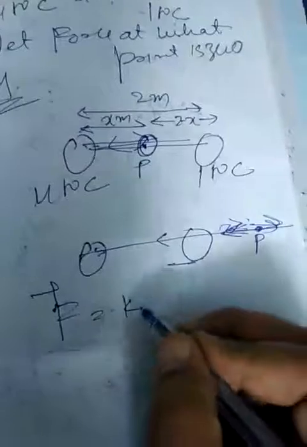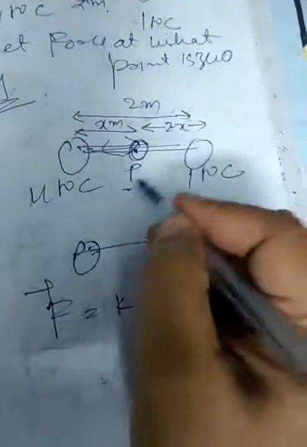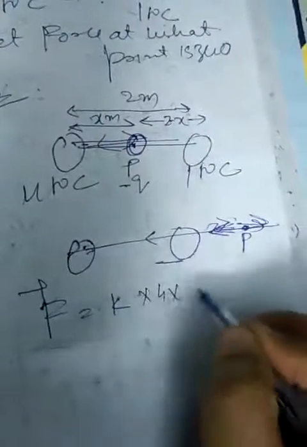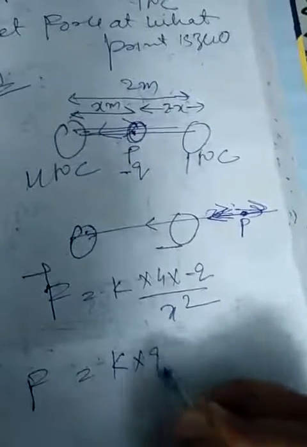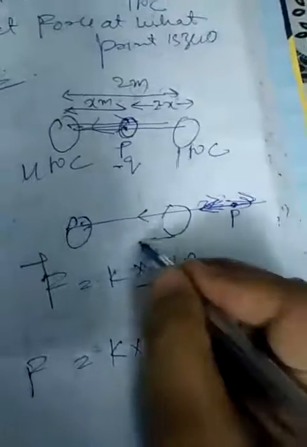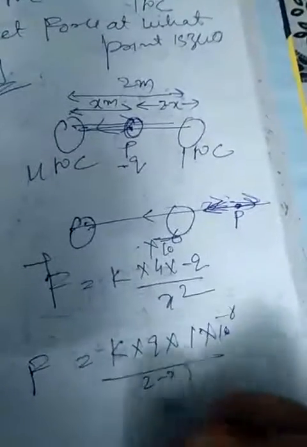Now this force is being calculated. F is equal to k. Let us say a negative charge is going to be there. So k into 4 into minus Q upon x square, and the second force will be equal to k into Q into 1 into 10 raised to minus 6, 4 into 10 raised to minus 6, upon 2 minus x whole square.